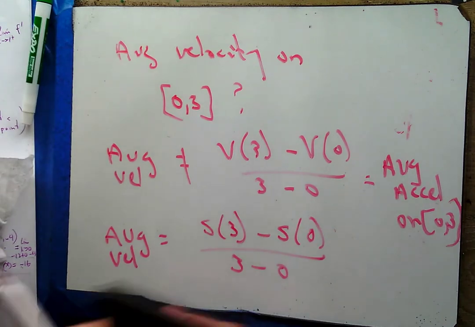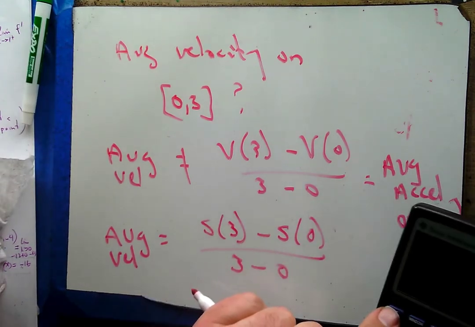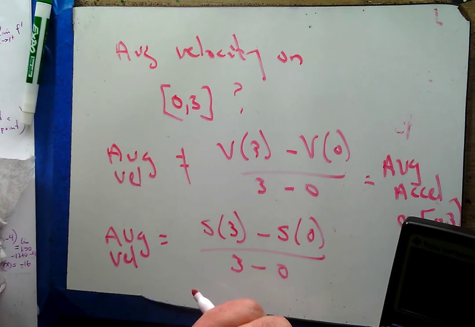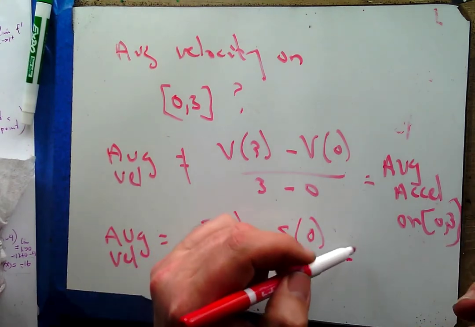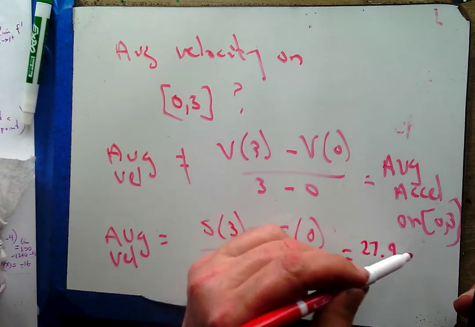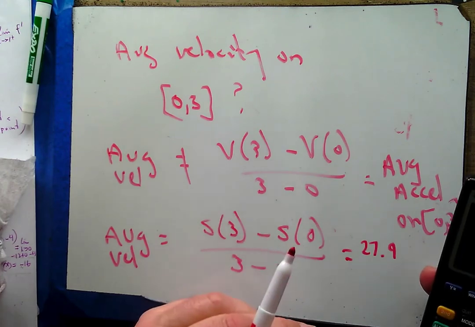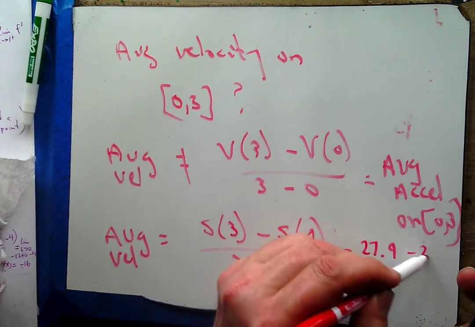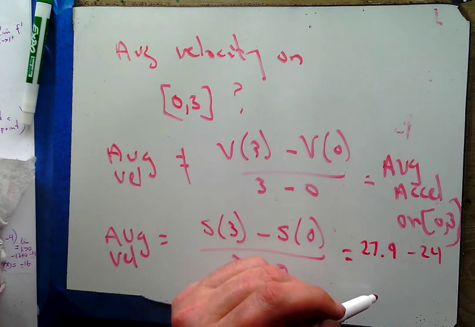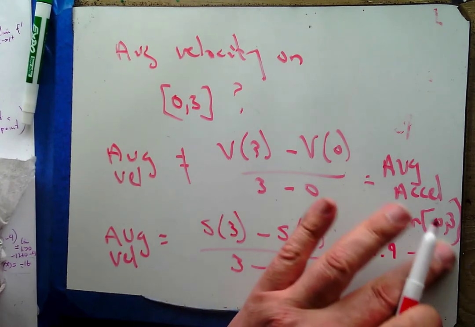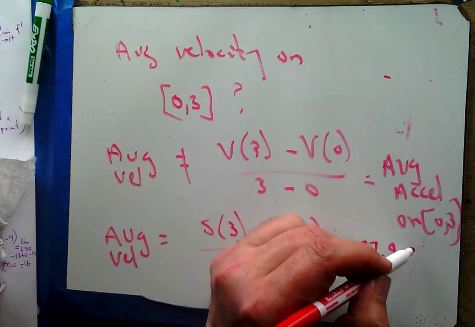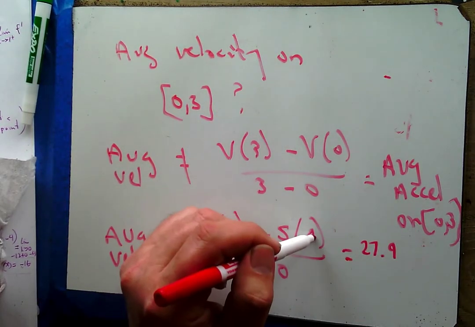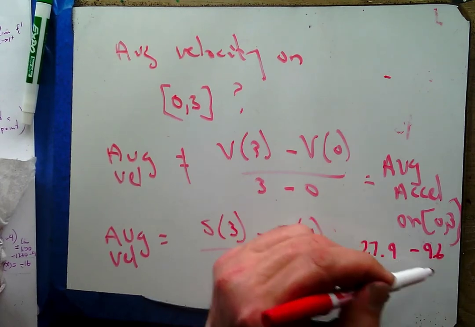Okay, so I'll pull out my calculator. I've got my s function already typed into y1. And so if I typed in 3, that's going to be 27.9. And s of 0, the position at 0, is 96.